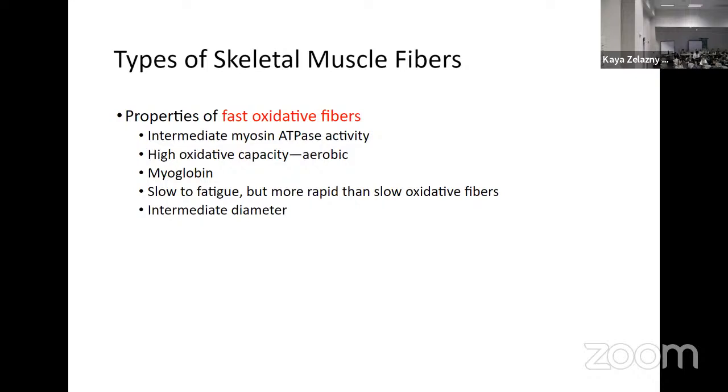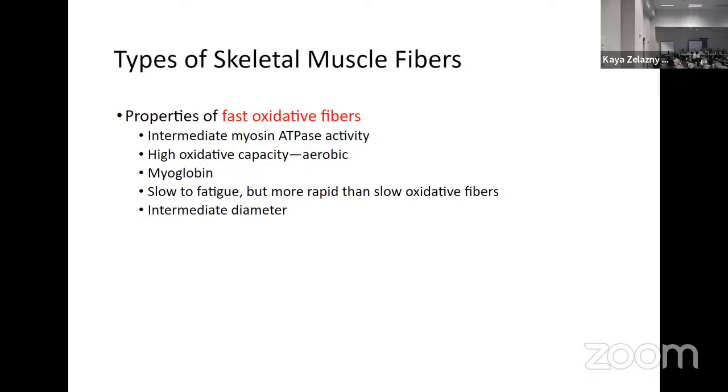So we had our fast glycolytic, which we just talked about, strong, fatiguing rapidly, high myosin activity. We had our slow oxidative. They're fatiguing really slowly. They're adapted for oxidative phosphorylation. They had that slow type of myosin ATPase activity.